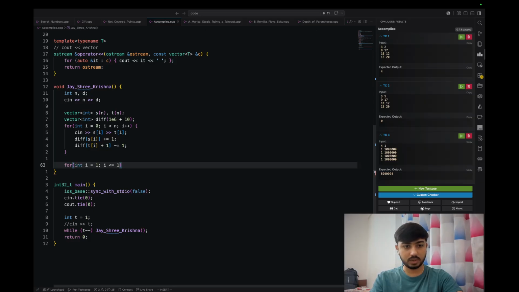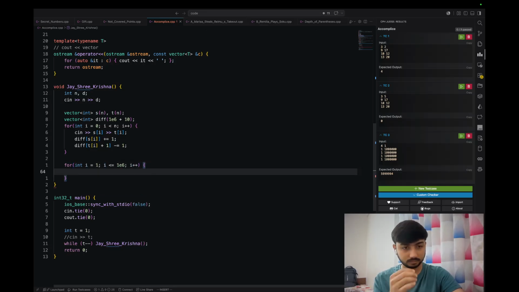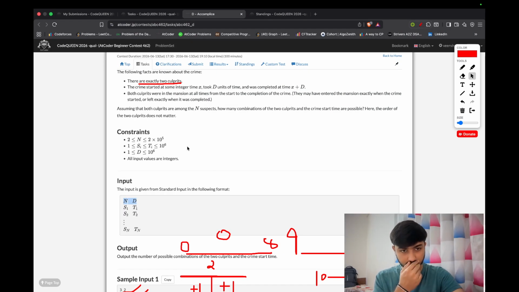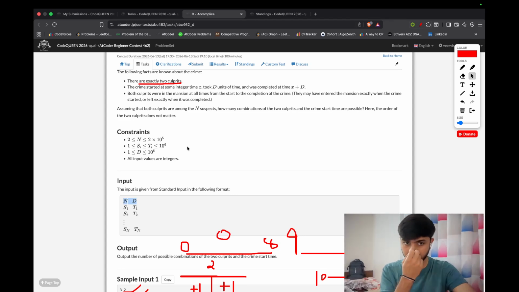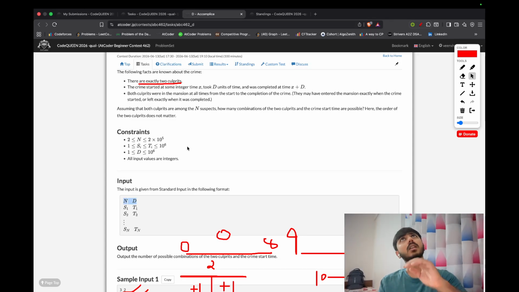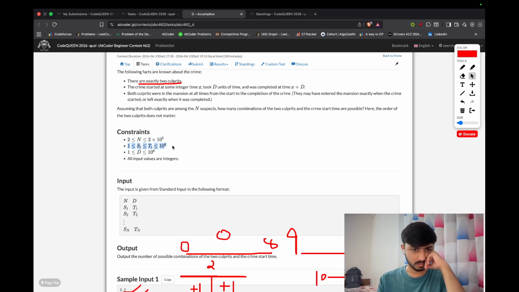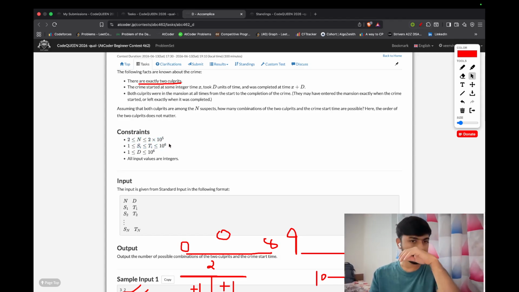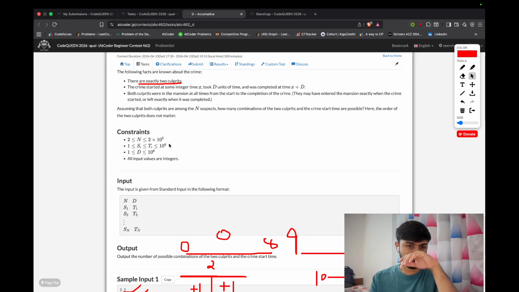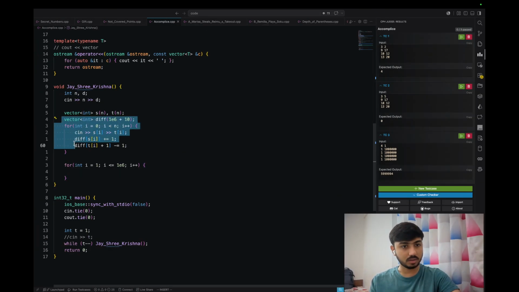Plus 10 to the power 6. Can this be TLE, right? This can be a TLE or not. This loop runs for 10 to the power 6.